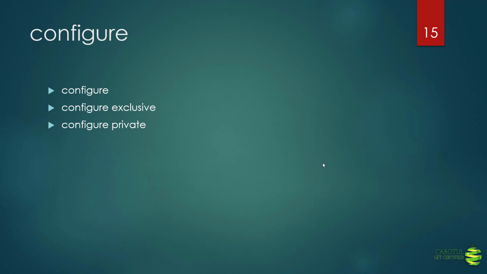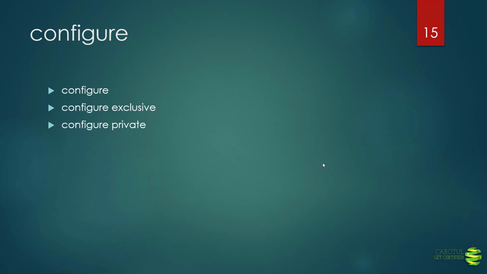Now, when you configure the device, as you saw me going into the configuration mode with the command configure, there are 3 options here. We can use configure to get control of the device, or we can use the command configure exclusive, where we exclusively get the access and no other user can access this device, or we can use configure private. Now what private does is it allows you to make changes, but at the same time some other user can also log in and they will have their own candidate configuration.